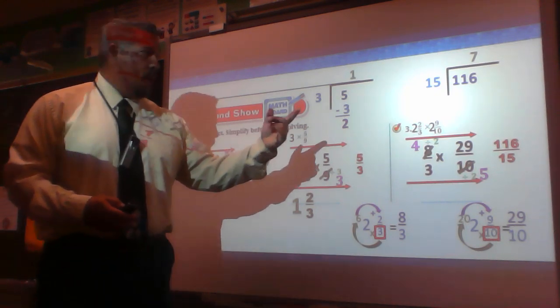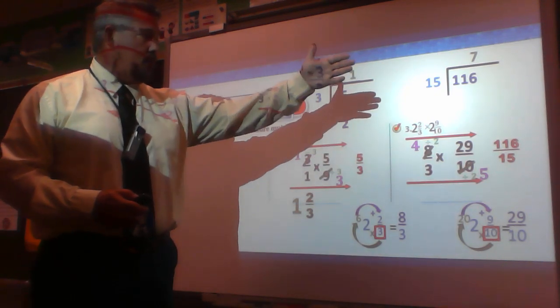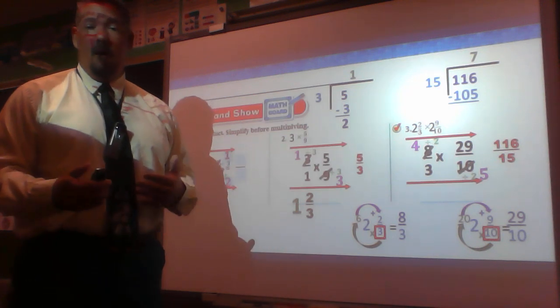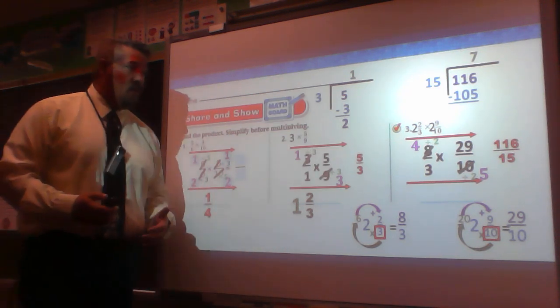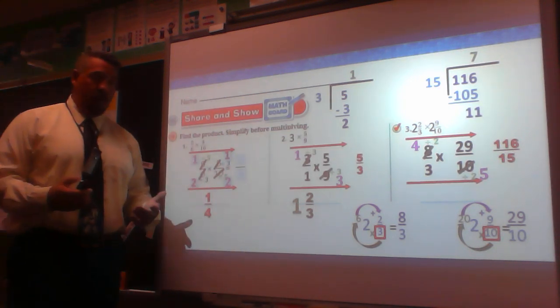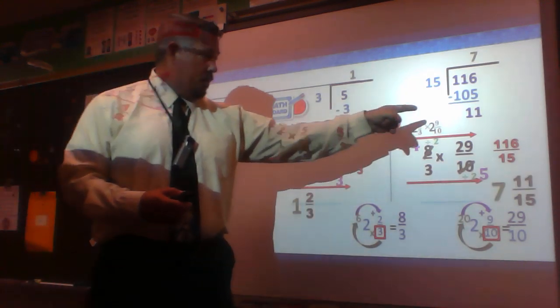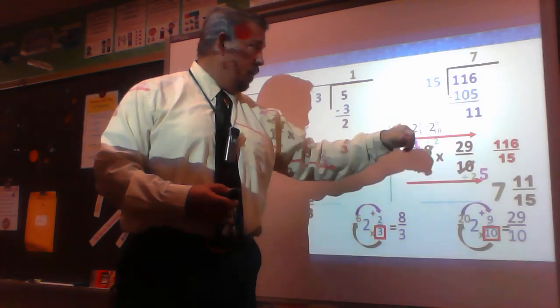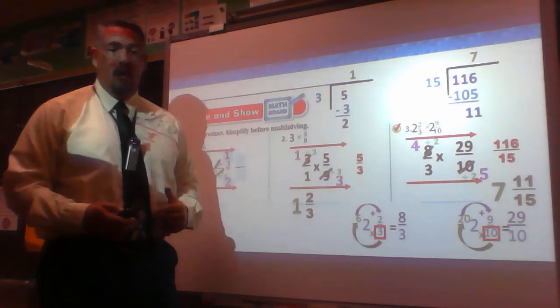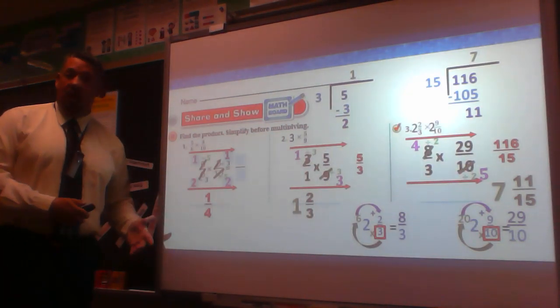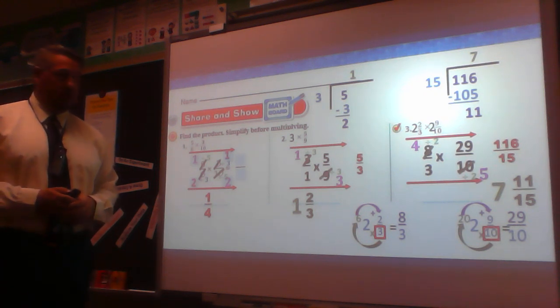I have to find out then what my remainder is, and I just do 7 times 15 is 105. When I subtract those, I get 11. So once again, my whole number is part of my answer, but then I remember that my remainder is my numerator, my divisor is my denominator, 7 and 11/15 is my final answer.